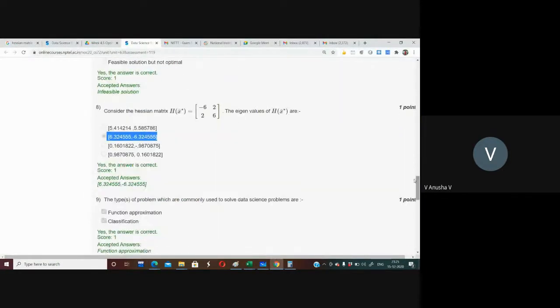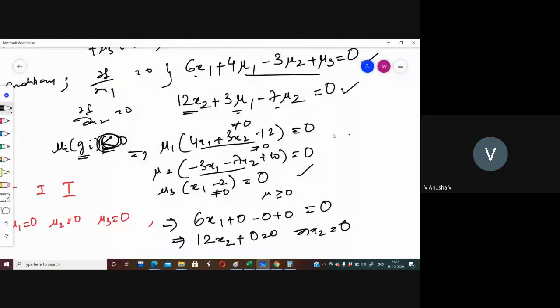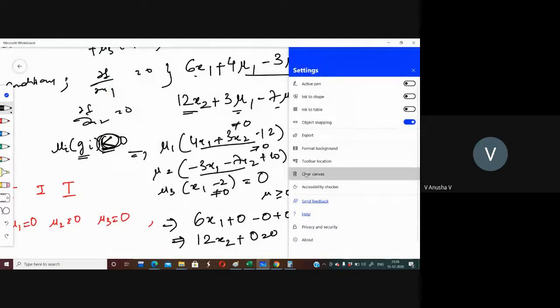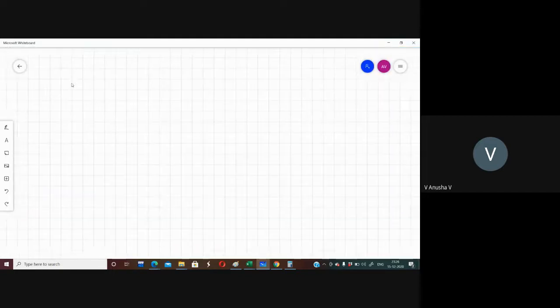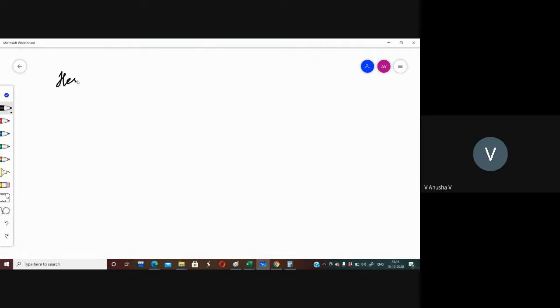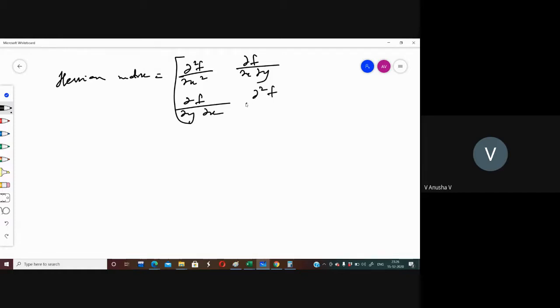So here there is one more thing called the Hessian matrix. So what is this Hessian matrix? You can consider the Hessian matrix as this one. I will be writing dou square f by dou x square, dou f by dou x dou y, dou f by dou y dou x, dou square f by dou y square.